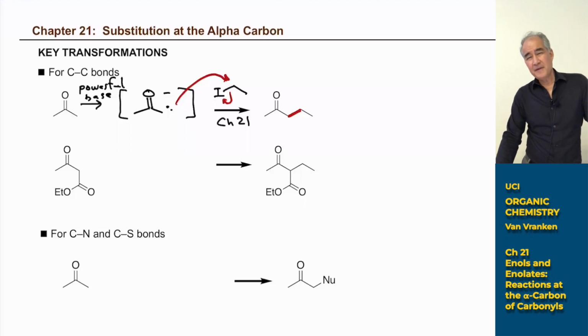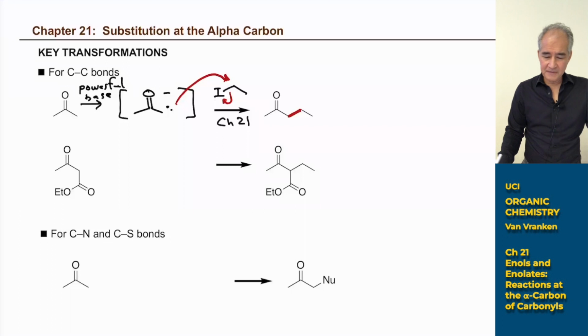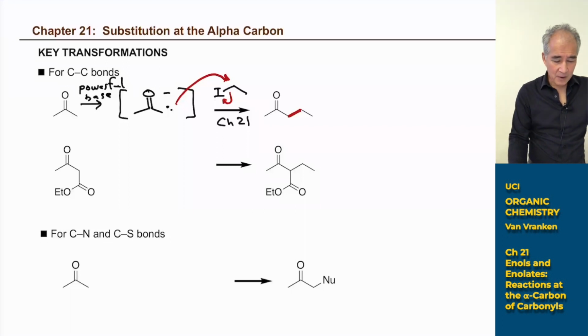Now, 50 years ago, we didn't have these powerful bases that I'm going to tell you about. So 50, 60 years ago, they had just traditional bases like alkoxide anions, like t-butoxide and sodium ethoxide. Those aren't really powerful bases.